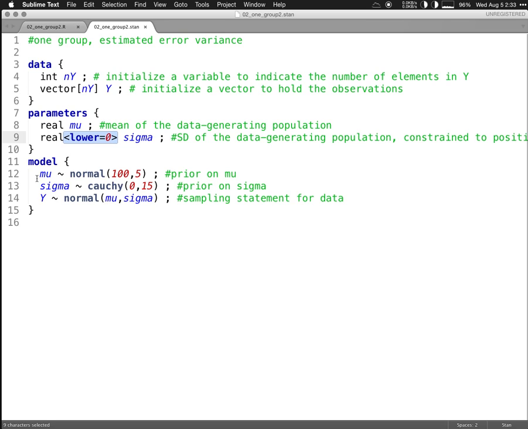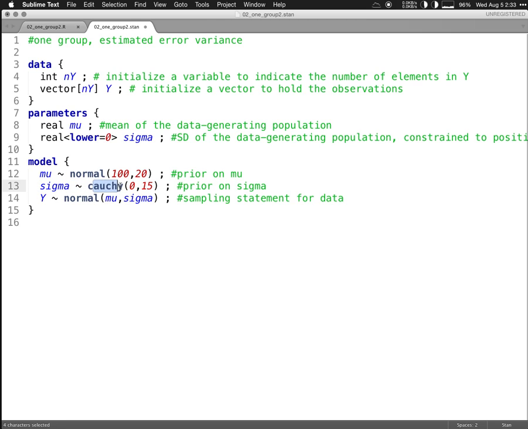You can't have a standard deviation of -10. Same as before, our prior belief for what mu is in the population is going to be centered on 100. I think I changed this in between things; I had it at 20 on the last one. And sigma now has its own prior belief.